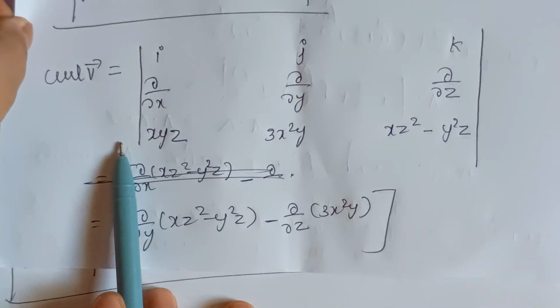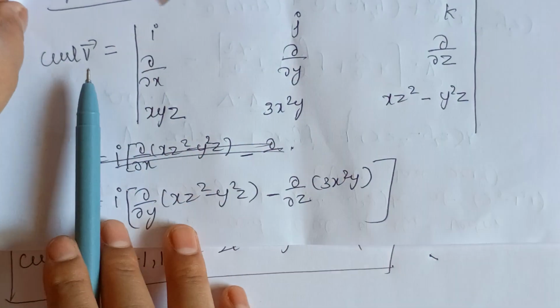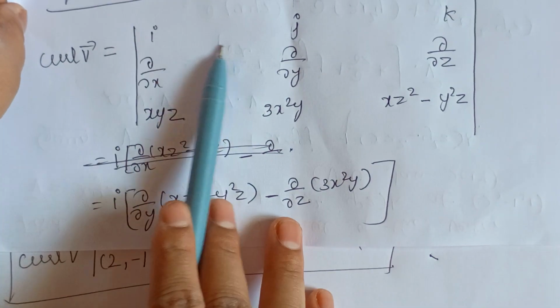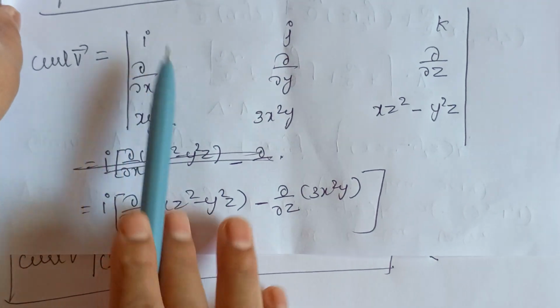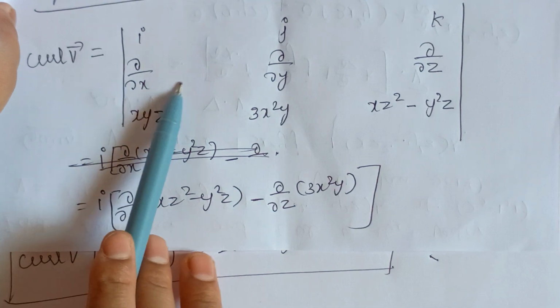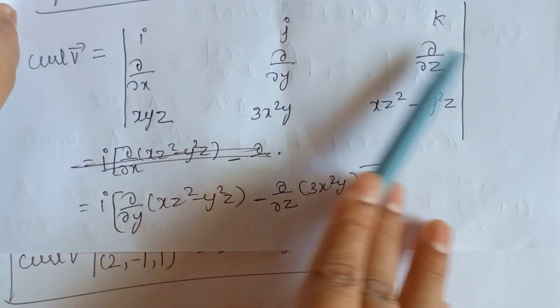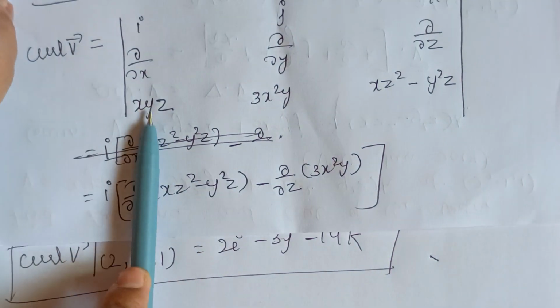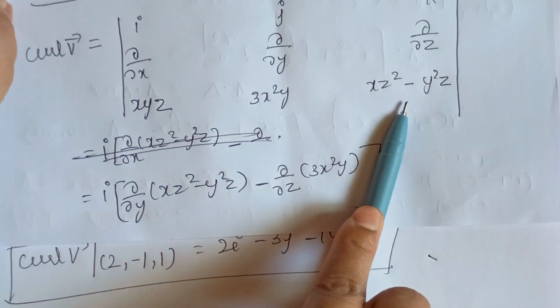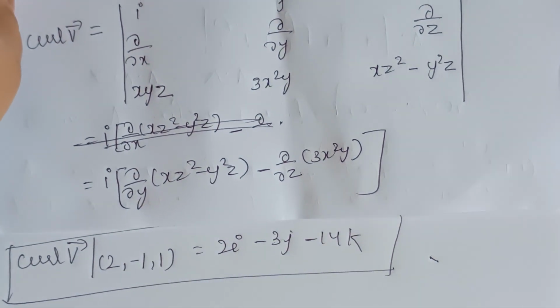Now we are going to find the curl of vector v. To find the curl, we need to find the determinant of the del and the vector v. The unit vectors are i, j and k. The del is ∂/∂x, ∂/∂y and ∂/∂z, with i, j and k respectively. Similarly, xyz, 3x²y and xz² minus y²z. We are going to find the determinant here.